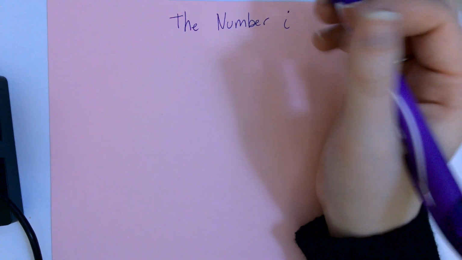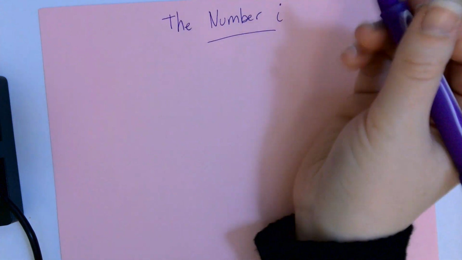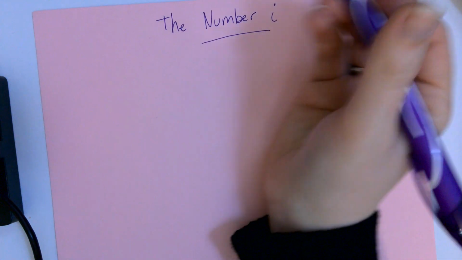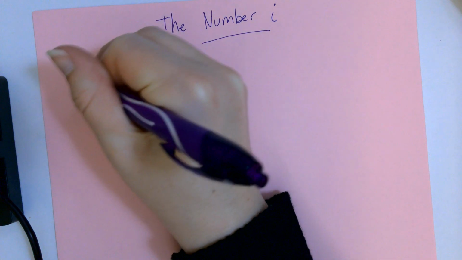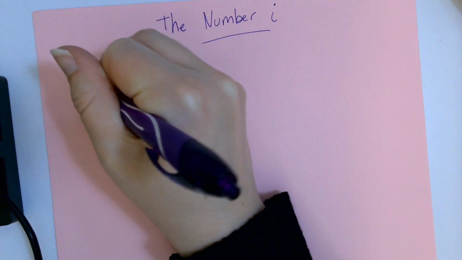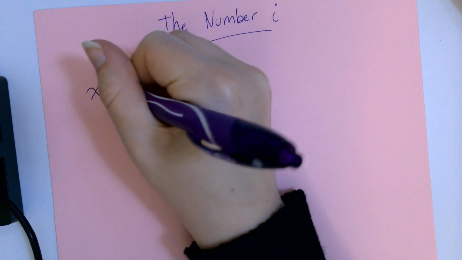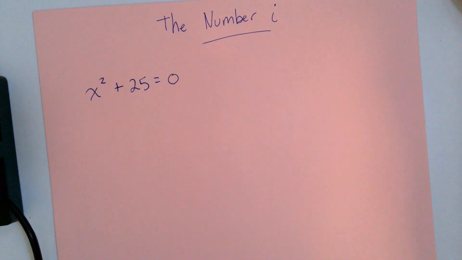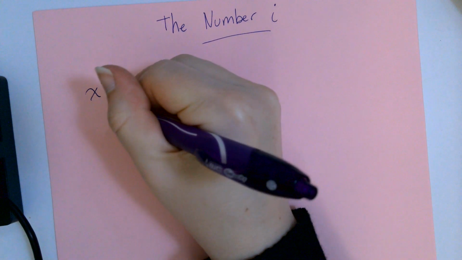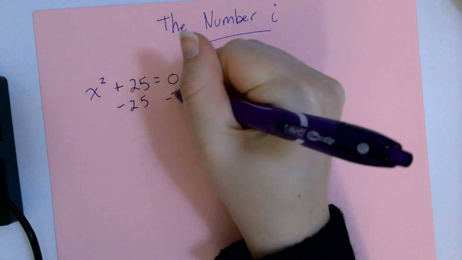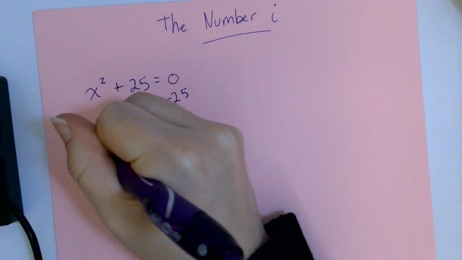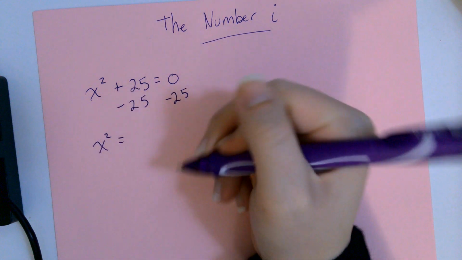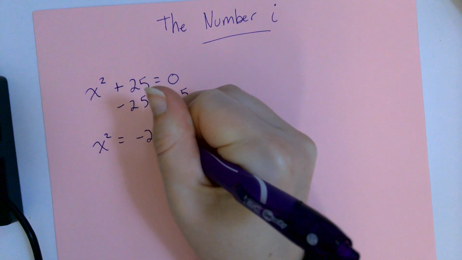In this video, I'm going to talk about the number i. When we solve quadratic equations such as x squared plus 25 equals 0, we might try to solve this by subtracting 25 from both sides, and then we have x squared equals negative 25.